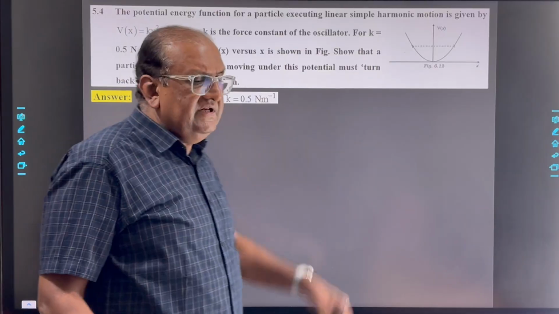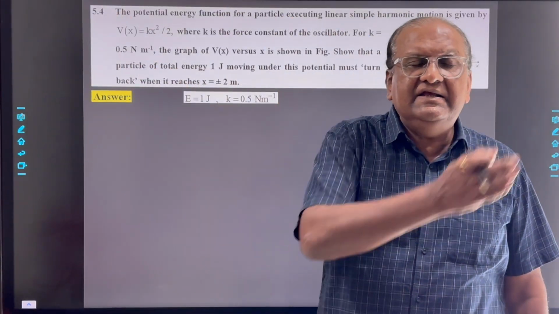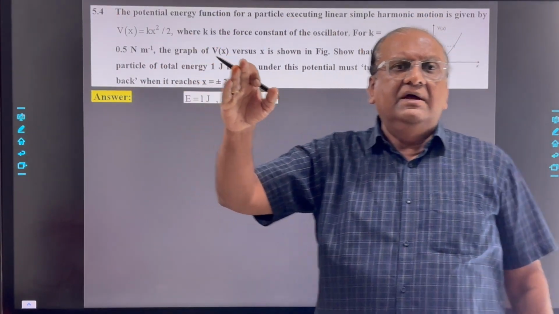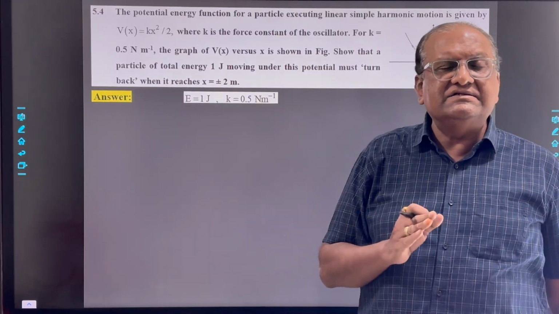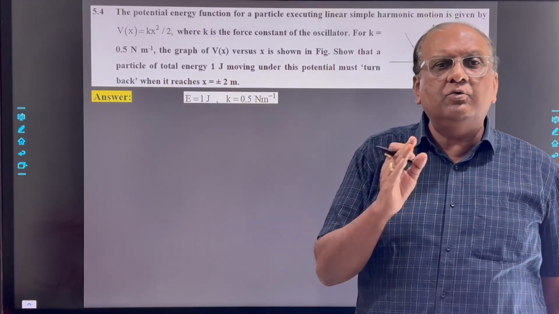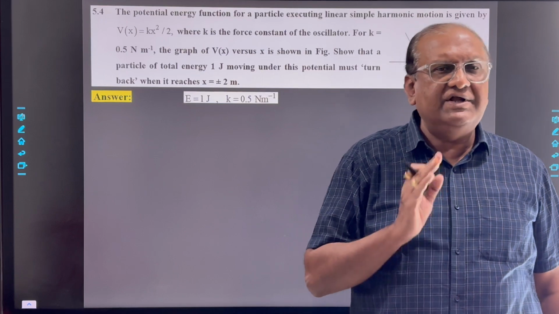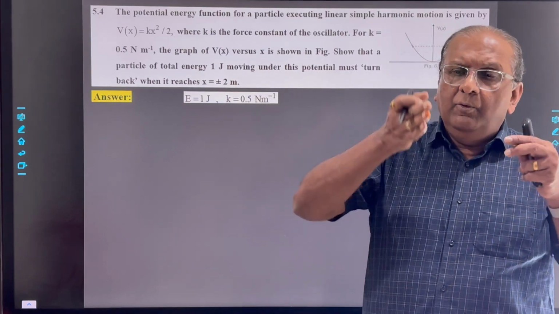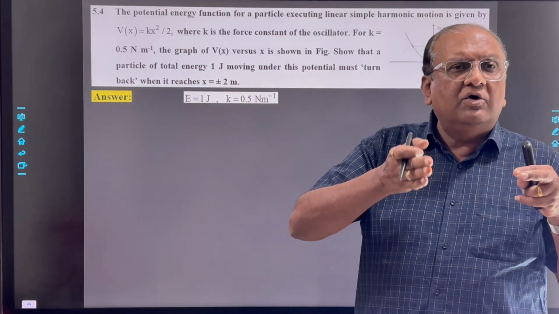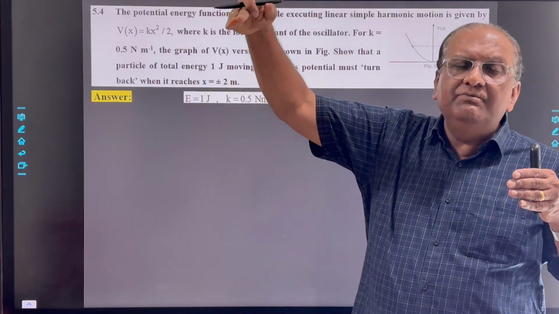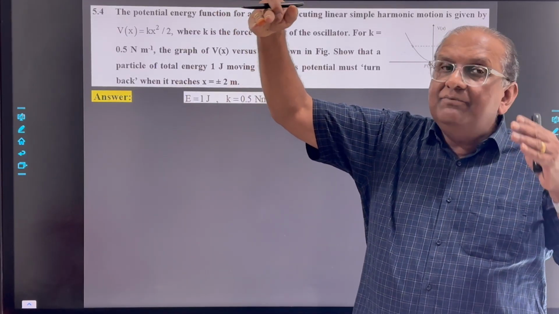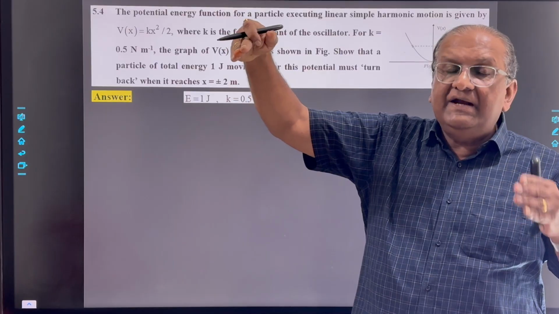Now when the oscillator is oscillating like this, at that time the total energy is constant and equal to kinetic energy plus potential energy. Whenever the oscillator reaches the extreme position, it momentarily becomes stationary.